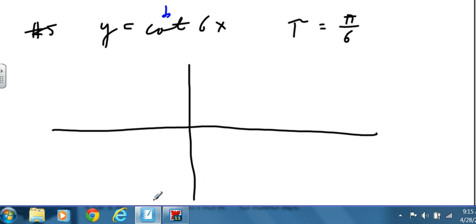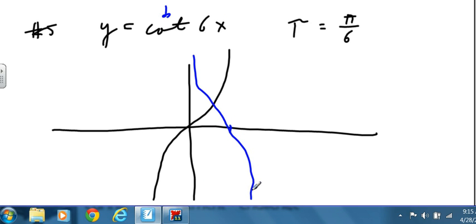Okay, so my tangent function's doing that. My cotangent function doing that. All right, my tangent function is doing that.